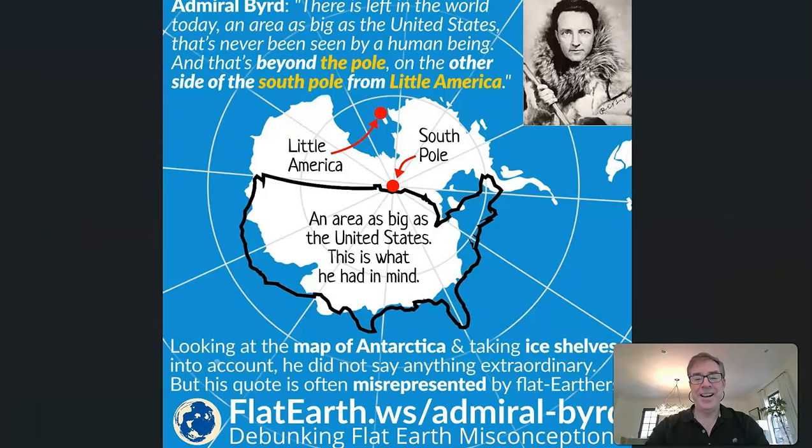And this shows a map of what, in this era of deception, they tell us Antarctica is, how big it is. And this is a debunking flat Earth slide here, but I used it simply to show this quote of Admiral Byrd.